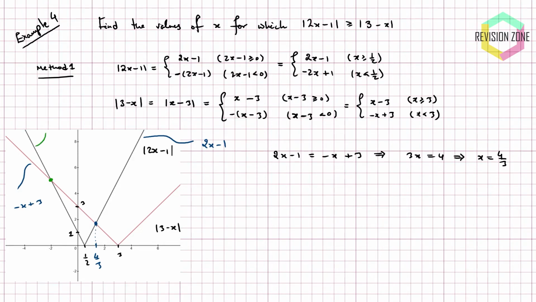So this is going to be minus 2x plus 1. So when I now go to solve this, I'm just going to say it's going to be minus 2x plus 1 equal to this red branch, which is obviously given by that. So it's going to be minus x plus 3, which we can then rearrange.